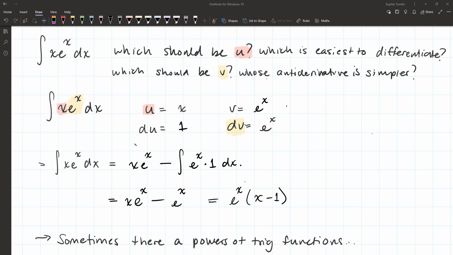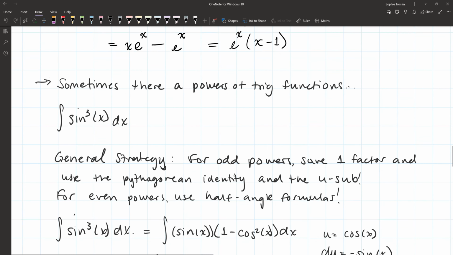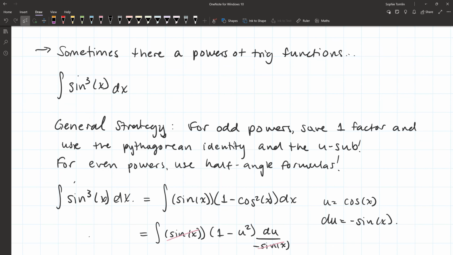So then I'm moving on to the next one. Sometimes we have powers of trig functions. For example, here we have sine cubed of x dx. A more general form of this kind of example would be sine to the m of x times cos to the n of x dx.